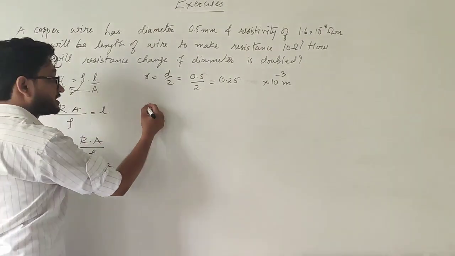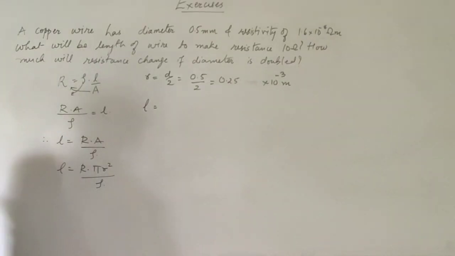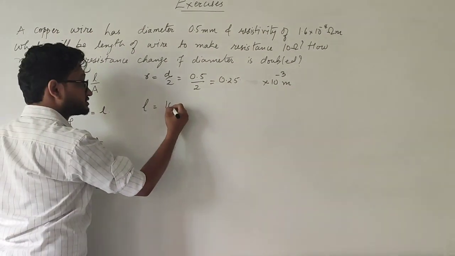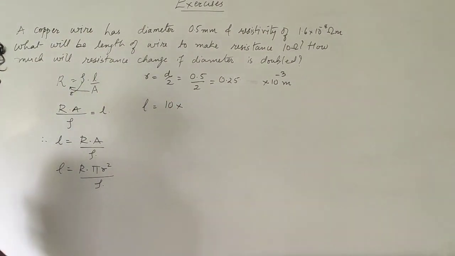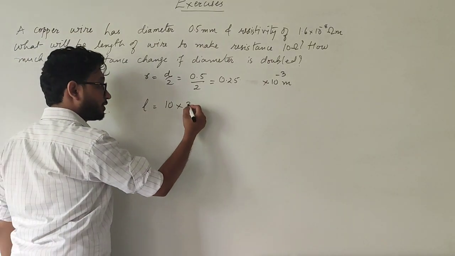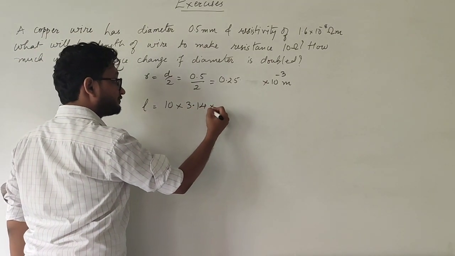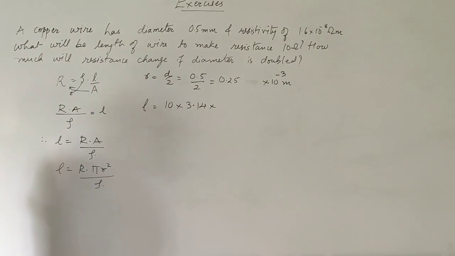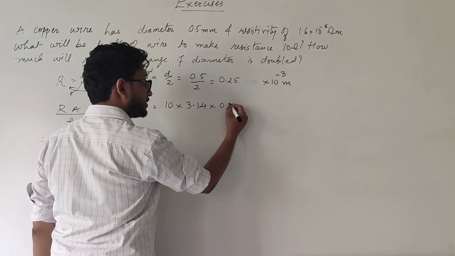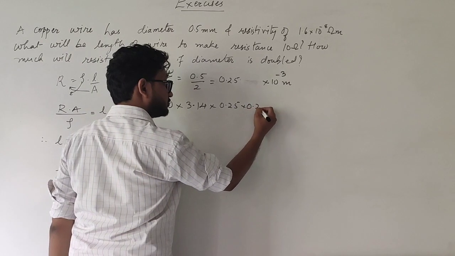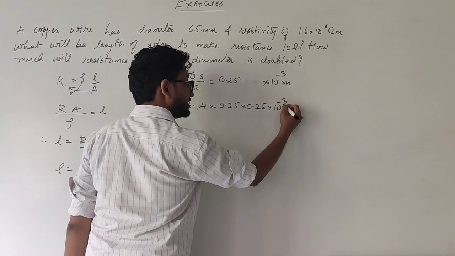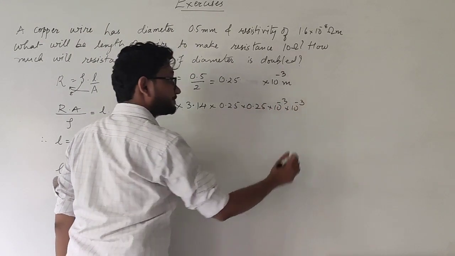Substituting the values, where R is given as 10 ohms, so I am writing 10 ohms directly, then pi, that is 3.14, and then the radius, but remember the radius has a square over here, so I am writing 0.25 into 0.25 into 10 raised to minus 3 into 10 raised to minus 3.